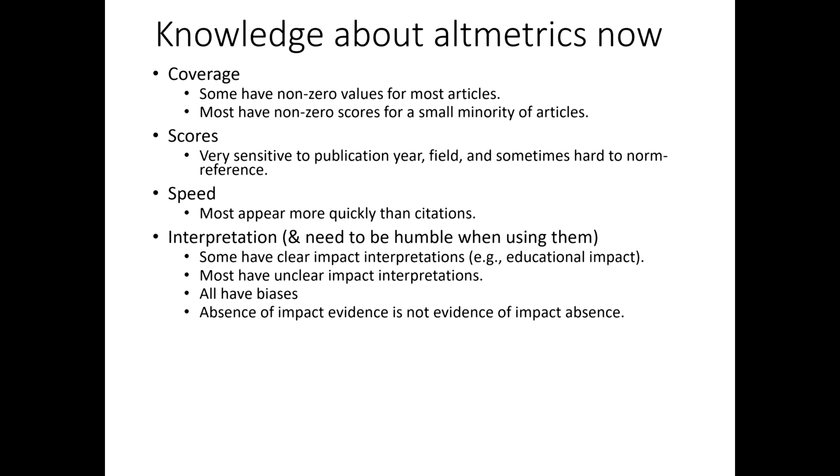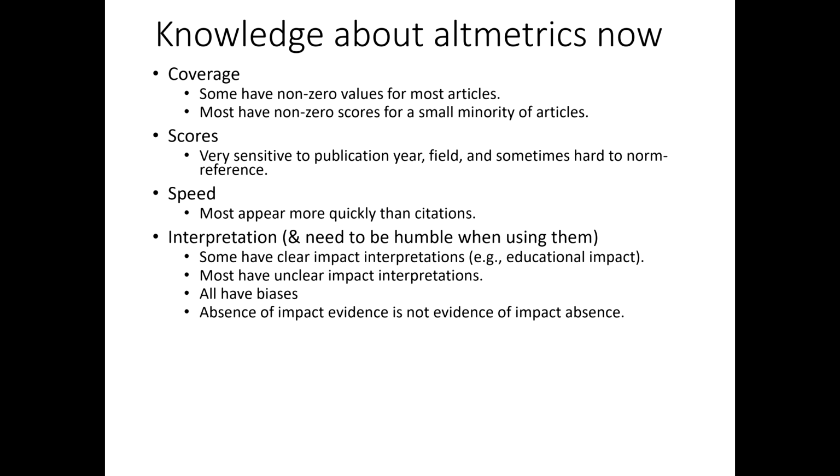And the most important one probably is interpretation and the need to be humble when using Altmetrics. Overall, some Altmetrics have very clear interpretations. For example, the Syllabus mention Altmetric is clearly an educational impact Altmetric because it directly counts papers adding value to education. So that's a clear one.